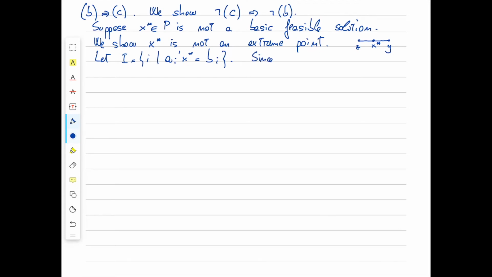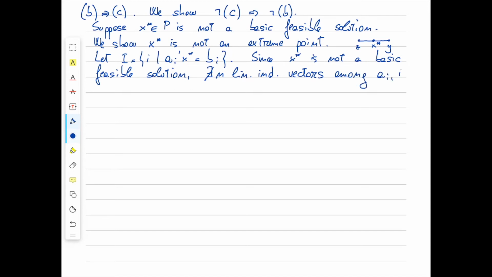Since x star is not a basic feasible solution, there are no n linearly independent vectors among the a_i for i in capital I.